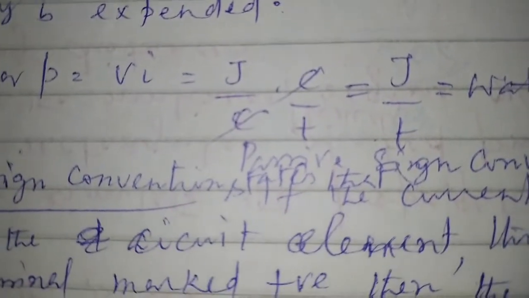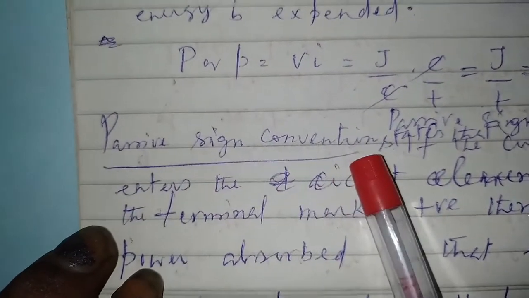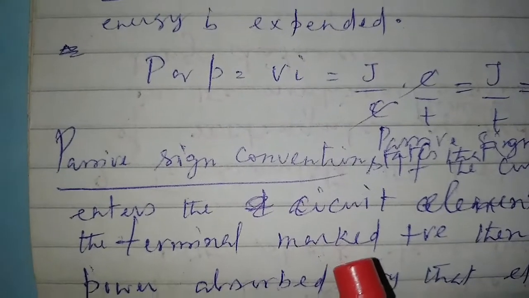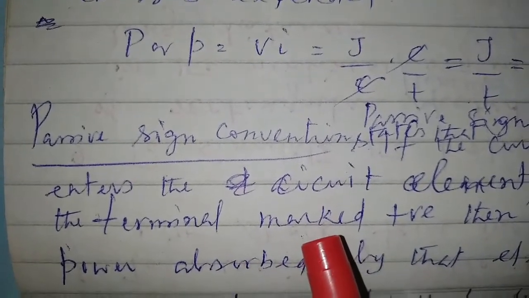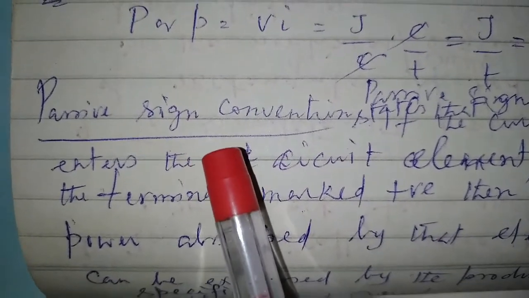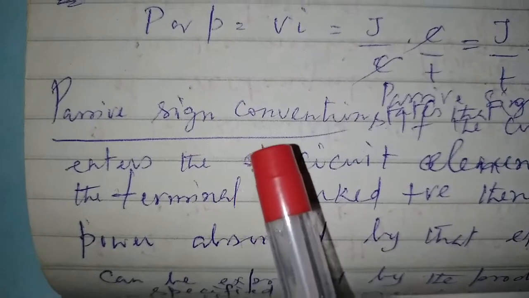Now, let us take up an important convention called passive sign convention. This is very, very important because worldwide circuit theory is being taught and understood. This necessitates a convention for the definition of power.